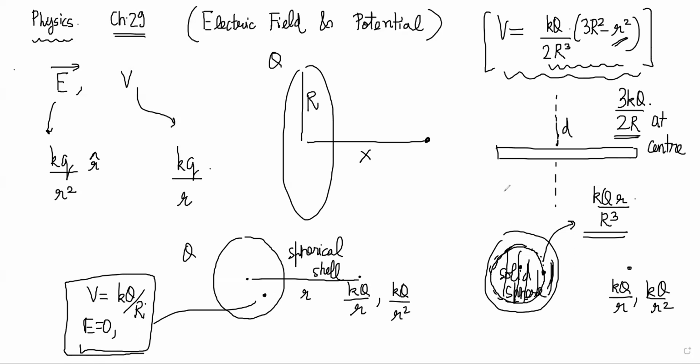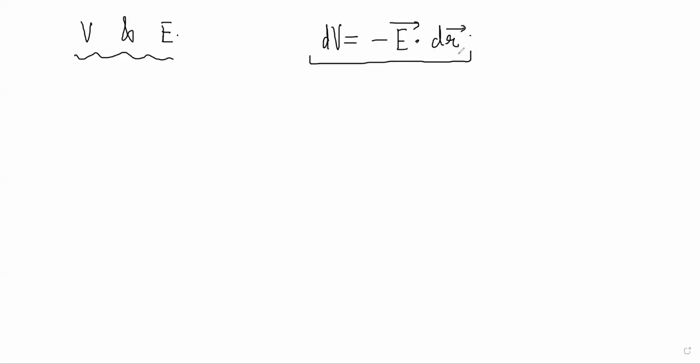So all of these field and potential cases are done in a similar way. The next thing that is important is the connection between V and E, which we have also discussed earlier, but we'll revisit it here. dV is equal to minus E dot dr. Why is this connection coming?